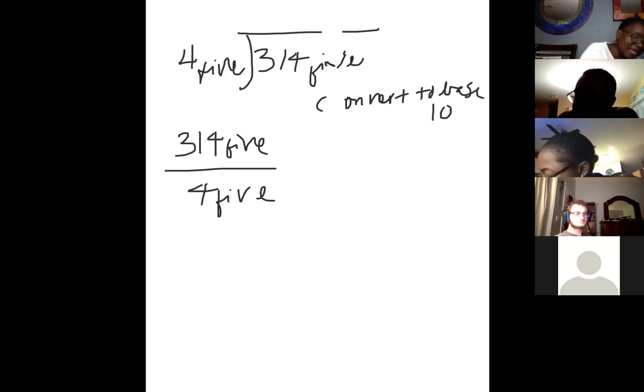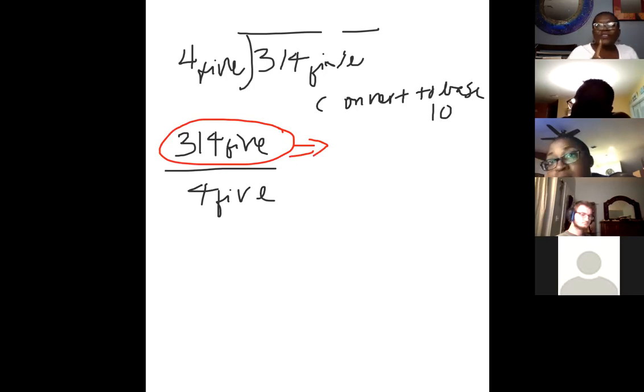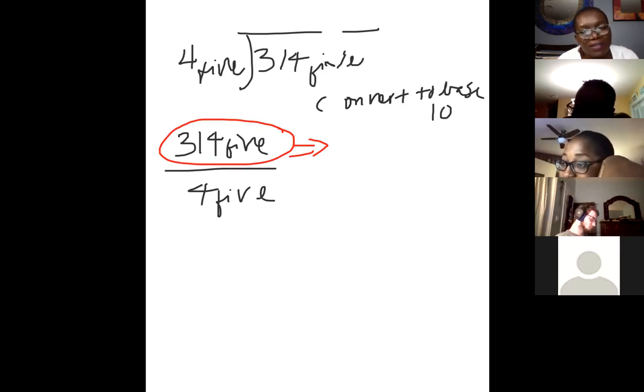So I'm going to take the 314 base 5 and convert it to base 10. I'm giving it to you one step at a time. Guys, do you remember how to convert this to base 10?